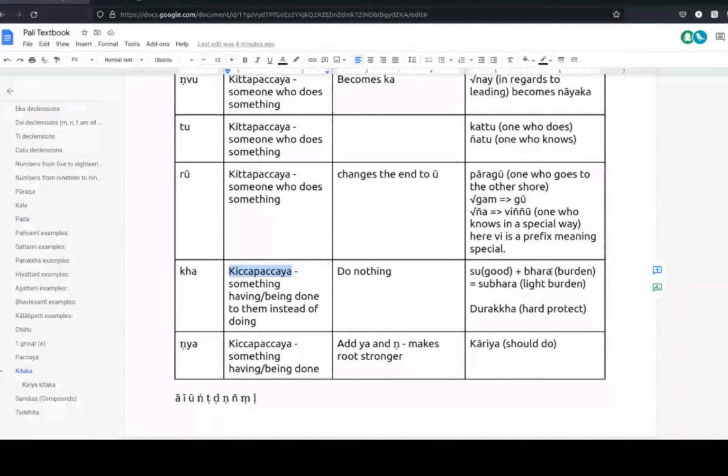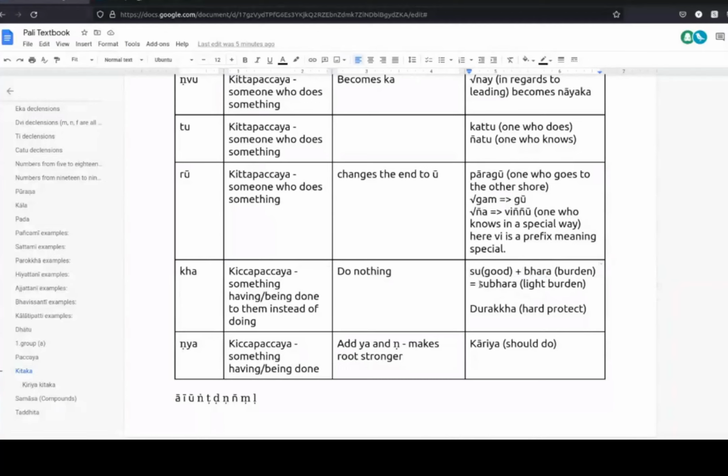So Subara, the root is bar, I think. Bar in regards to burdening. I'm actually not sure. Bar means in regards to carrying a burden, I think. Anyway, something that is being a burden to someone else is a bara.